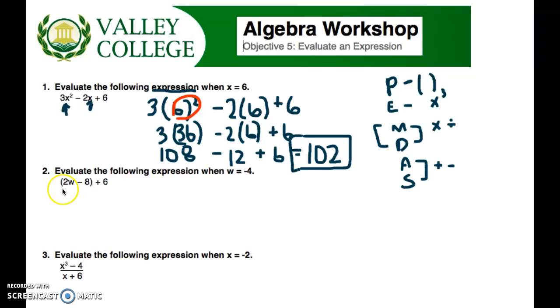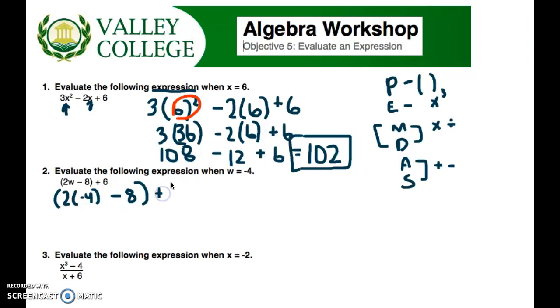It says evaluate 2w minus 8 plus 6 when w is negative 4. So what that means is for all my w's, I'm going to put in the value negative 4. So I put it in here. It's going to be 2 times negative 4, take away 8, and then I'm going to add 6.